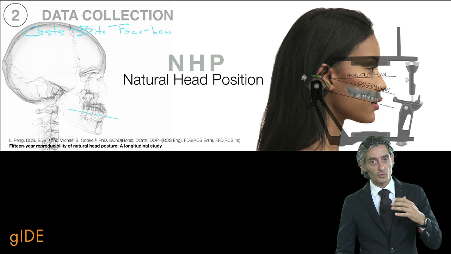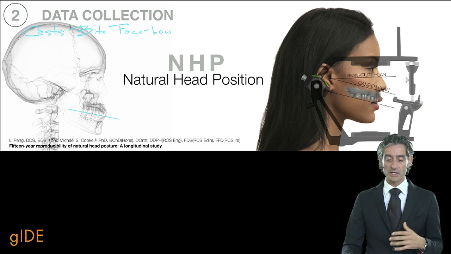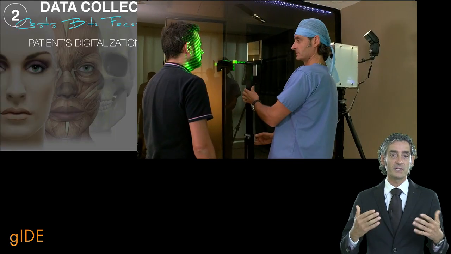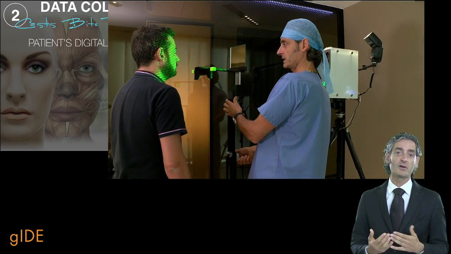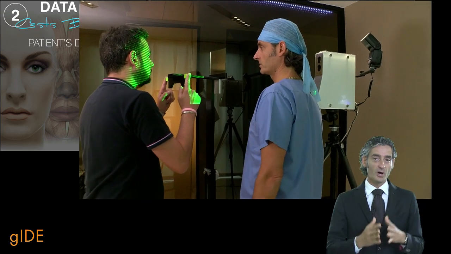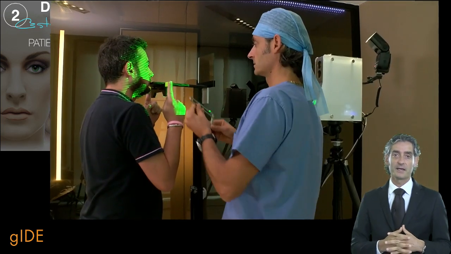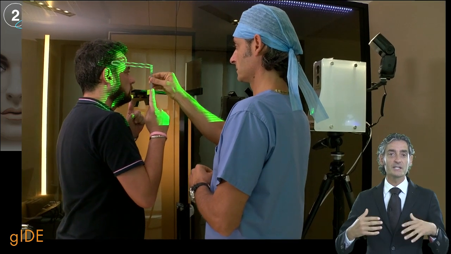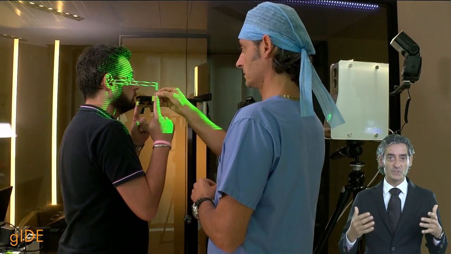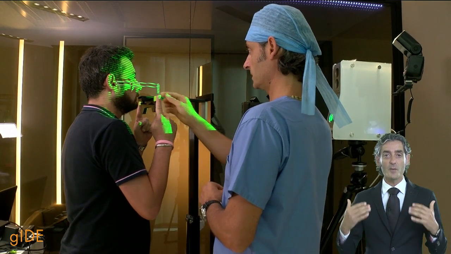And to speak about that, I would like to propose something that is different. It's the digitalization of the patient, and through the use of this device, the face hunter, we can check the position of the upper arch inside the face of the patient.